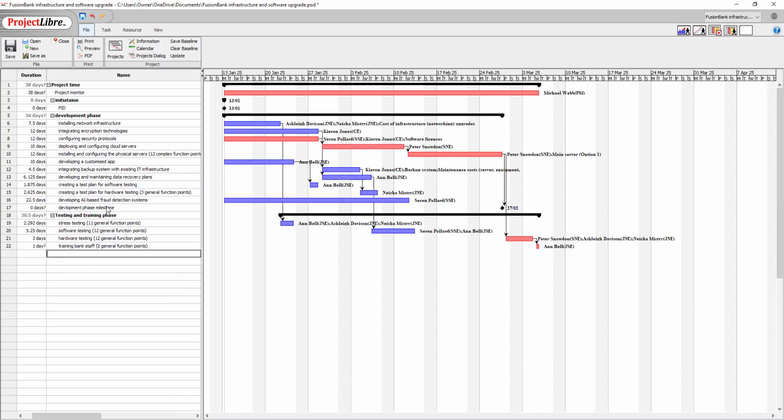So what I'm going to do, I'm just going to copy milestone and phase from here. And then I'm going to put, so, just copy and paste them.